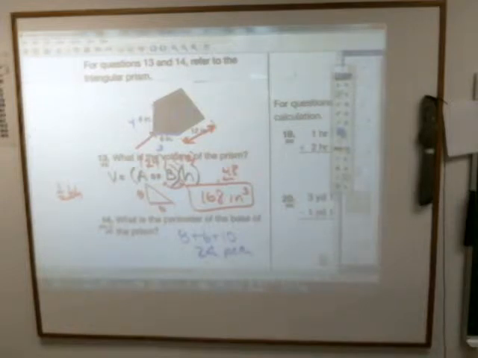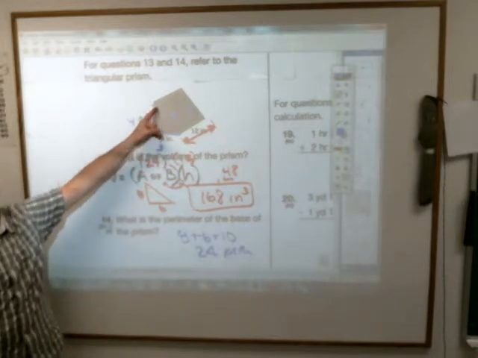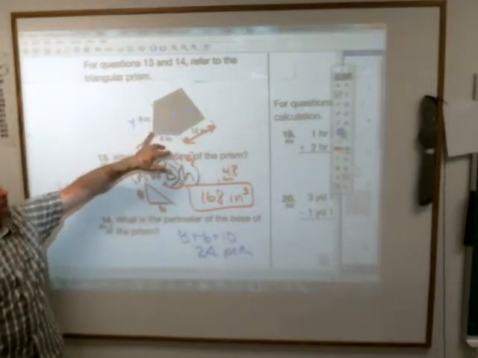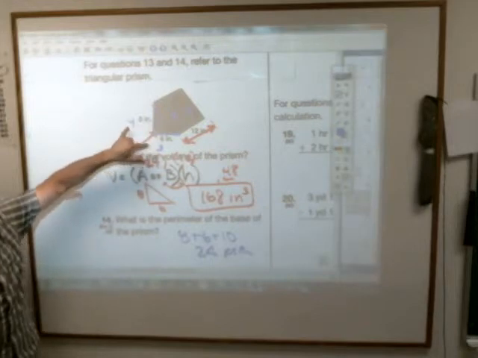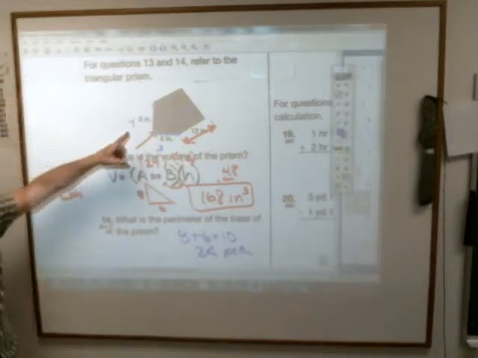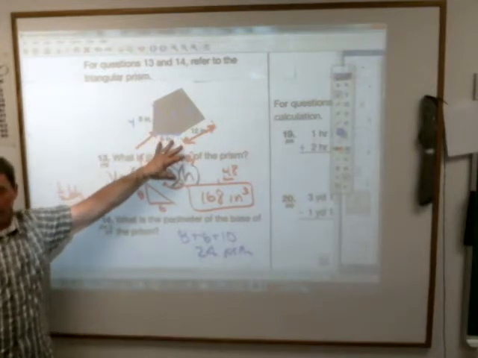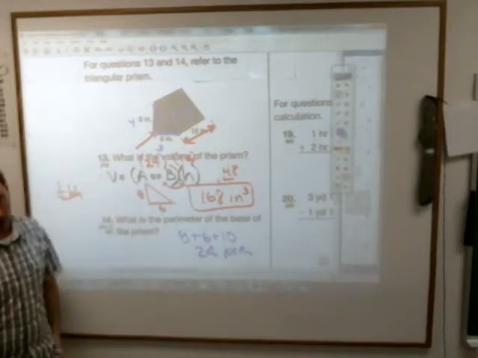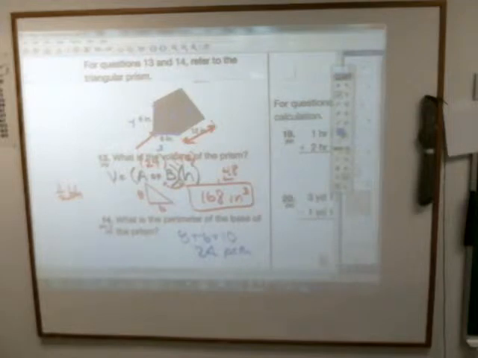Yes, ma'am. See, Taylor, this was 6, 8. Those can be cut in half, so I have to use the 3, 4, 5 triangle. Oh, and then you multiply it. Right, because I cut it in half to find the base, I have to go back and double it to find the real.